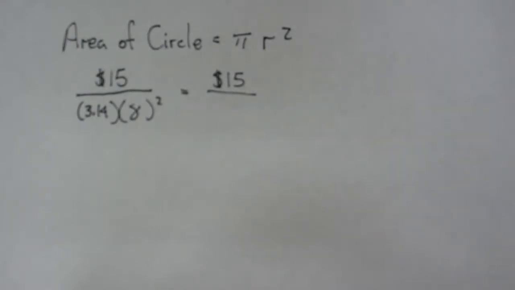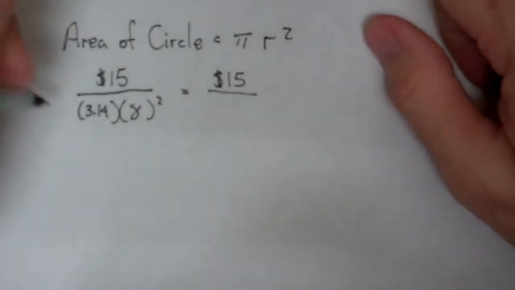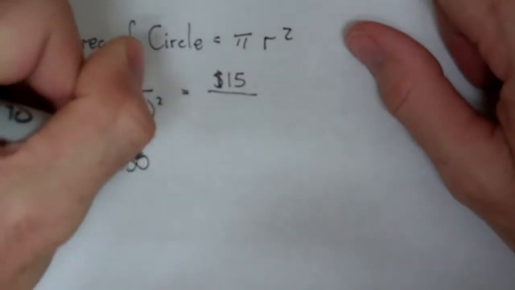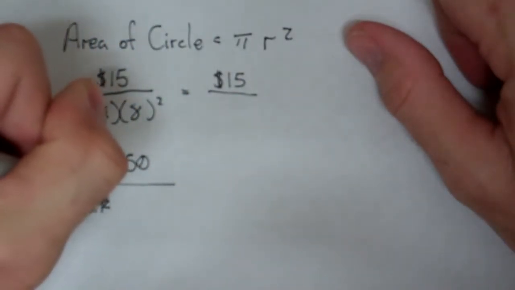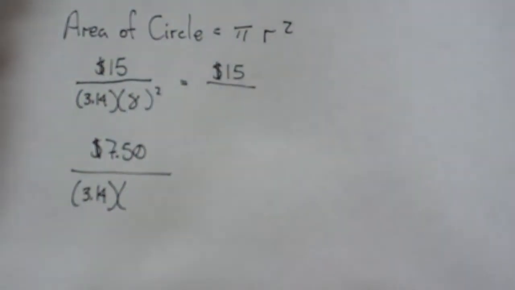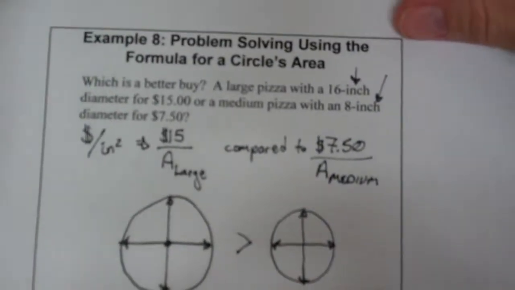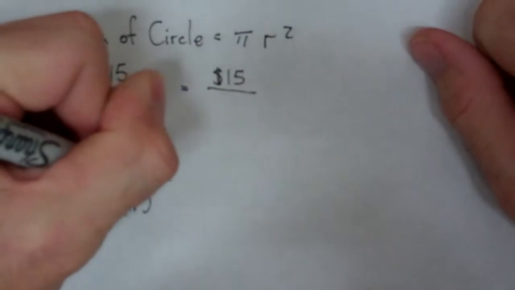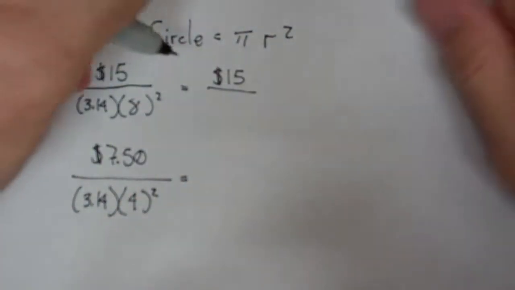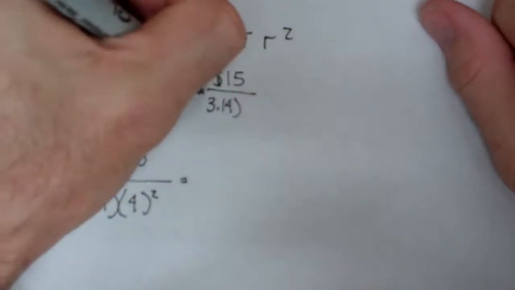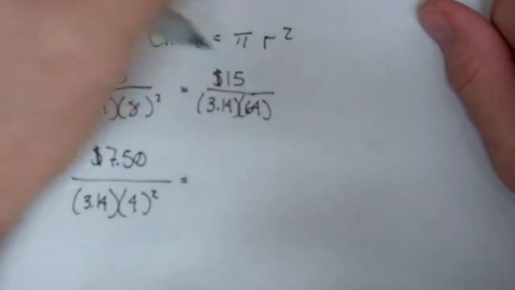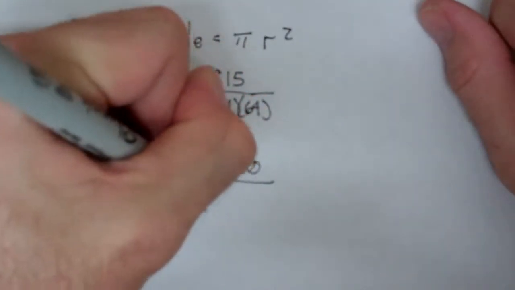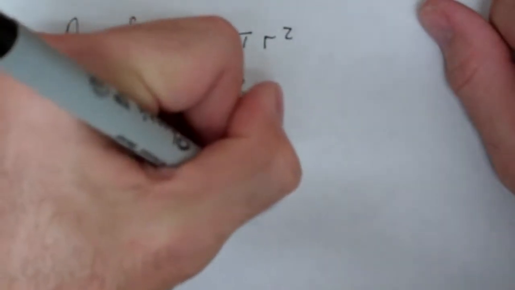Okay, my calculator is doing something weird. And so what am I going to do for the medium pizza? Well, I'm going to do the same thing. I've got the $7.50, and that's going to be 3.14 times, well, that one was 8 inches in diameter. So this one is only going to be 4 squared. And so actually you can already see that you're going to have 3.14 times 64 here when you square it, but you've got $7.50 divided by 3.14 times 16 down here.